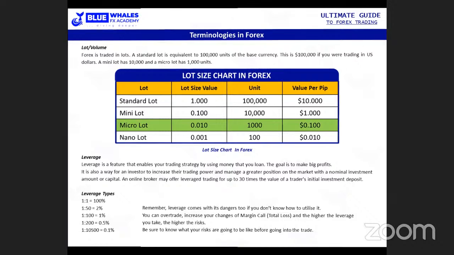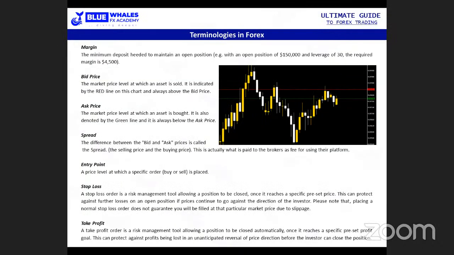All right, good. So we continue with the terminology. We have here a very nice chart. We have margin, the minimum deposit needed to maintain an open position. With an open position of 150,000 and a leverage of 30, the required margin is 4,500.